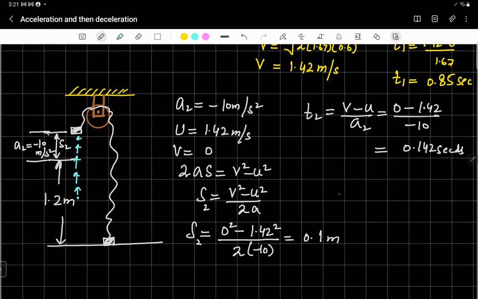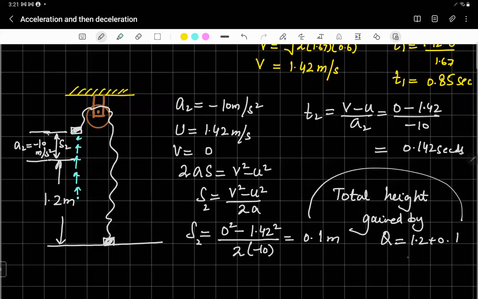And the total height gained by Q is 1.2 plus this 0.1 meter, 1.3. So the total height of Q is equal to 1.3 meter. Do you understand this thing? Yes. Okay.